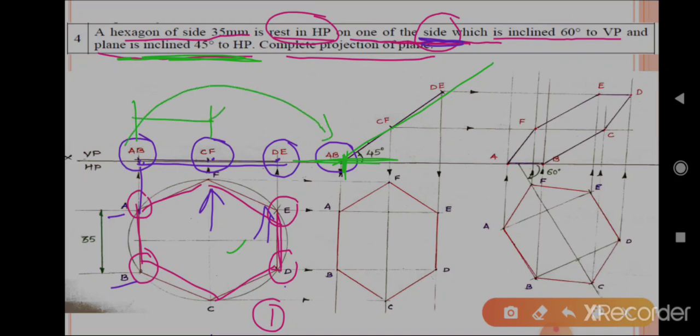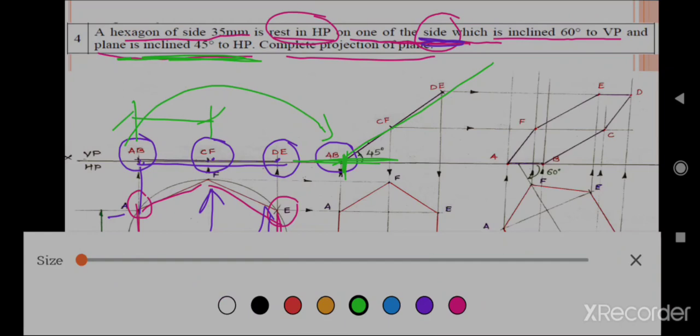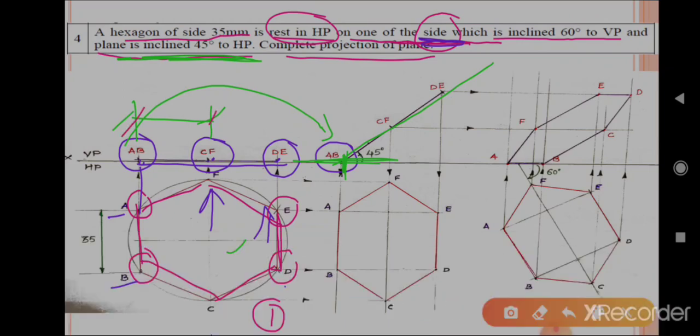A to CF distance we can take in the compass. Place the compass on AB point, then mark the CF point. In a similar way, take the distance AB to DE. Place the compass on AB, mark the point DE, and this is the inclination 45 degree to HP.